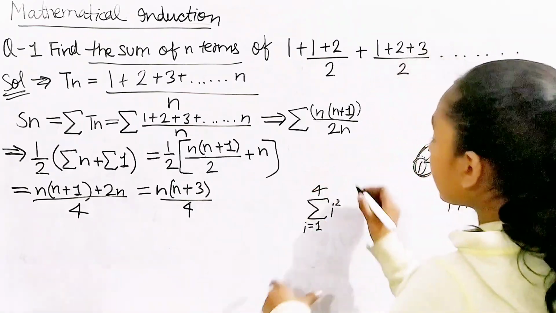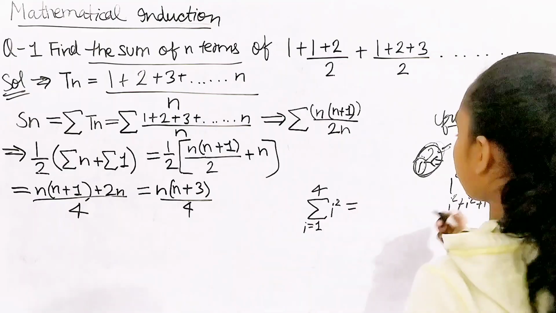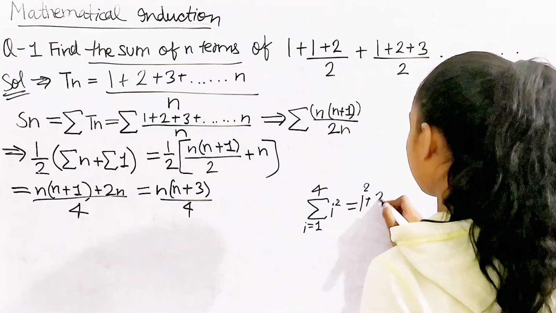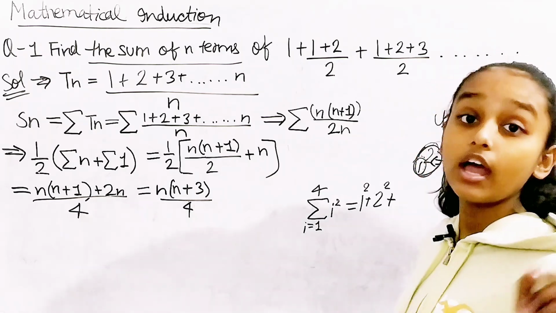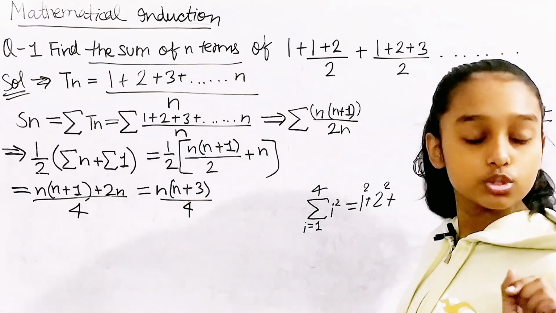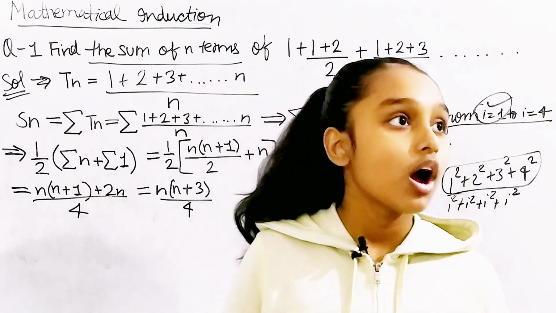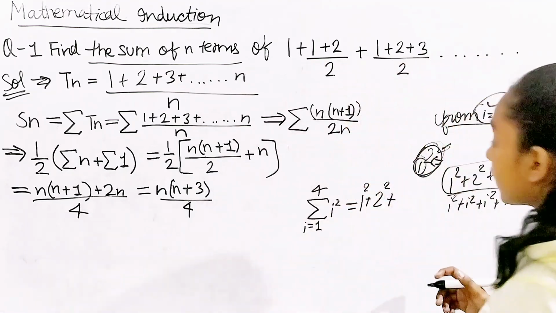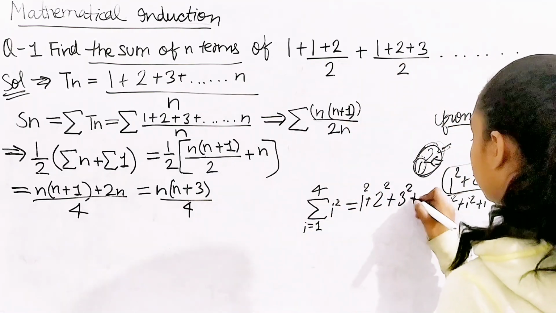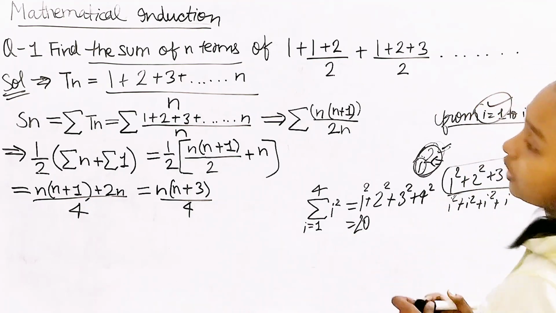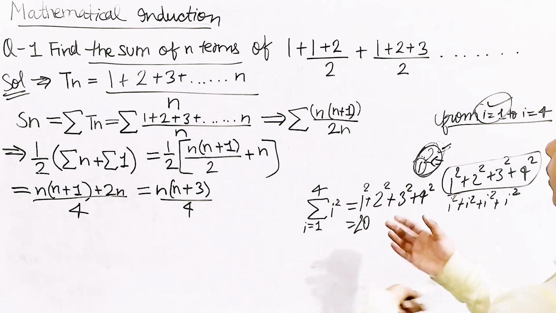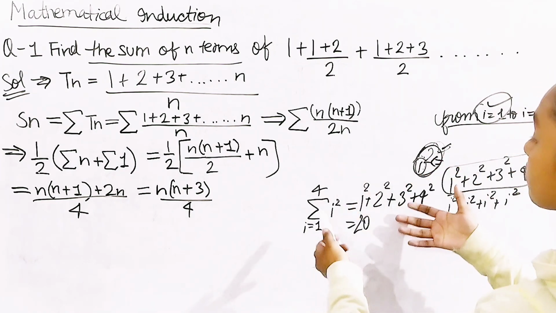Now we write the thing that's given to us, the 4 squared integers: 1 squared, 2 squared, 3 squared, until 4 squared, and then finally we're going to get the sum. It's really easy, we are just doing the summation.